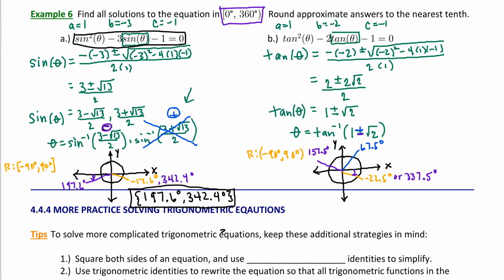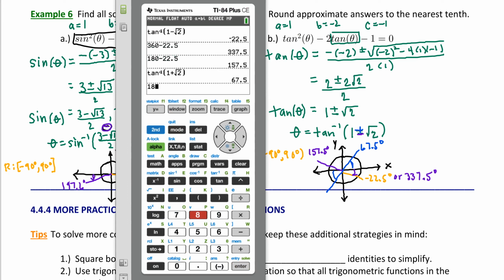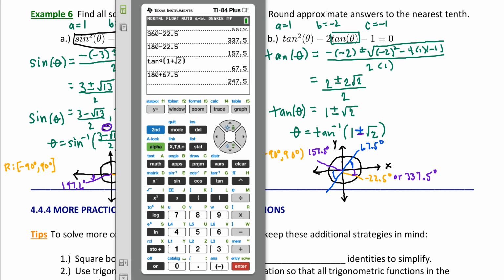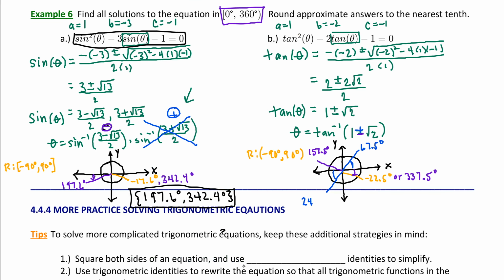Tangent's also positive in quadrant 3, and I can evaluate this angle, noticing that my reference angle is 67.5. So I'm going to take 180 plus 67.5. Remember, solutions for tangent equations are always 180 degrees or pi radians apart. So we get 247.5 degrees.